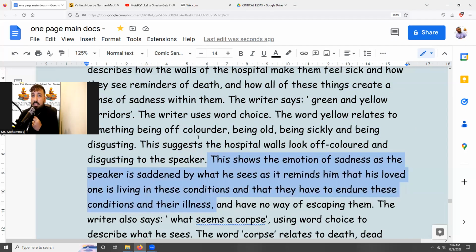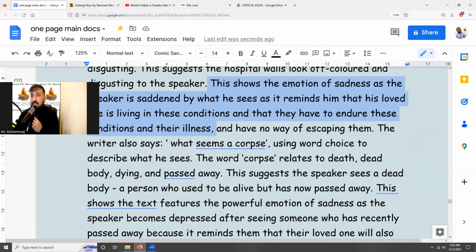So after you do your word choice, it's going to be on the "this shows" part. It's the part where you're connecting back to the question, you're explaining. So this shows the emotion of sadness as the speaker is saddened by what he sees, as it reminds him his loved one is living in these conditions and they have to endure and there's no way of escaping them.